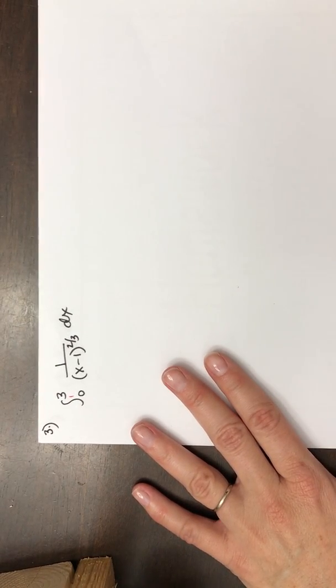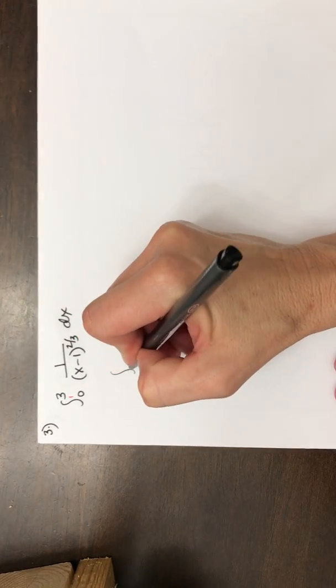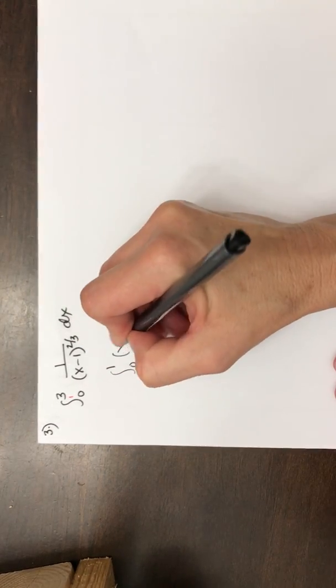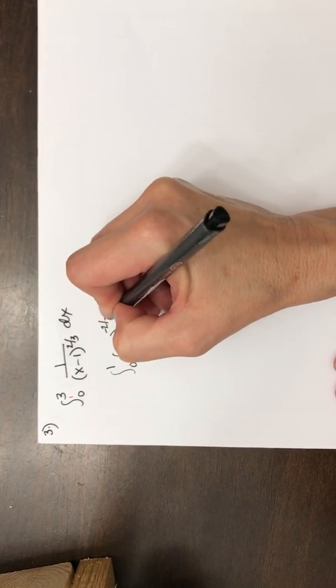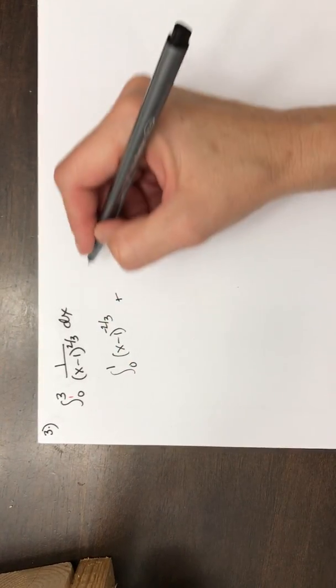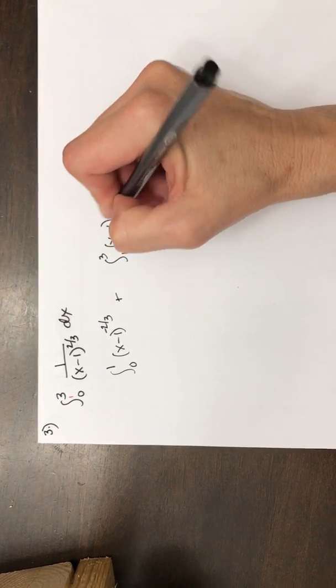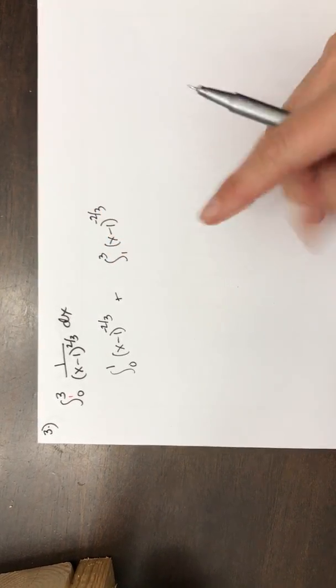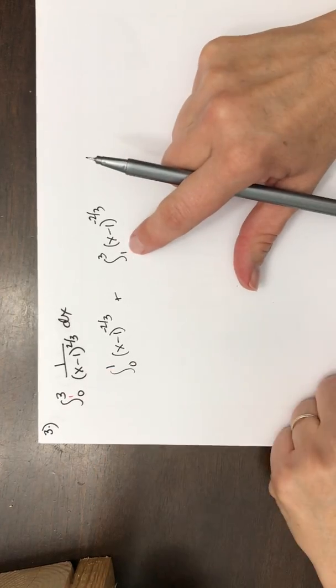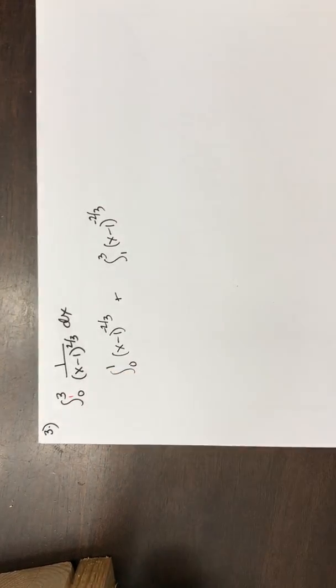So this is the kind of problem where you break it into 2 separate integrals. I'm going to integrate from 0 to 1, x minus 1 to the negative 2/3. And I'm going to integrate from 1 to 3, the same thing. Okay, so this one takes over where this one left off, so these are equivalent.